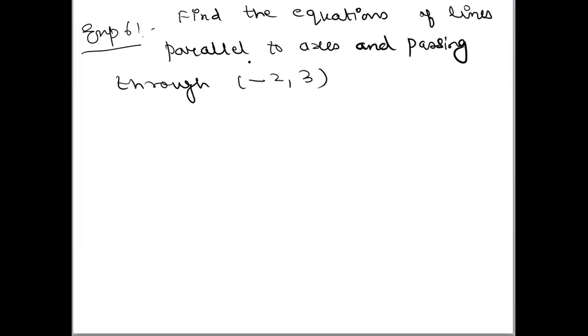Okay, we have to draw the lines which are parallel to axis, meaning parallel to x-axis and parallel to y-axis, and the line should be passing through -2 and 3.